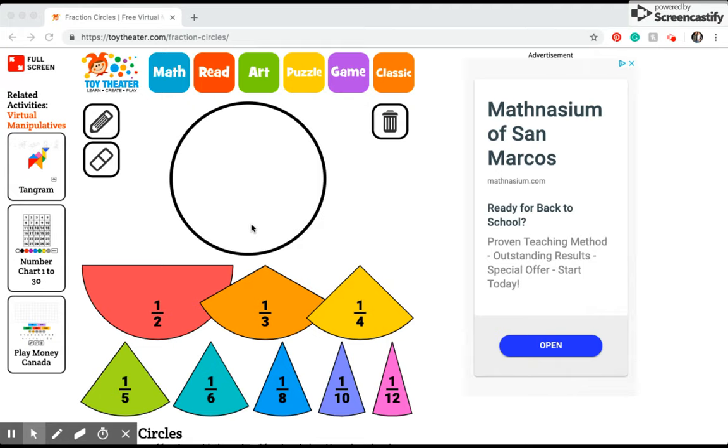So we're going to start off today with a little bit of a warm-up, practicing our equivalent fraction skills using this fun tool here. I'm going to put up a piece of the pie, and you are going to have to find out, what can I use out of these to fill the rest of this pie to make this fraction equivalent?